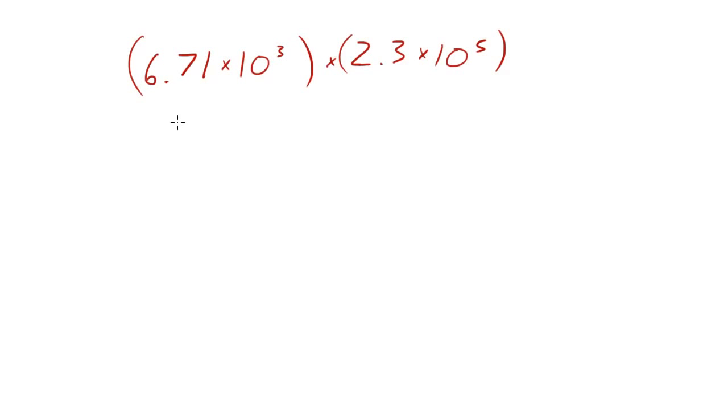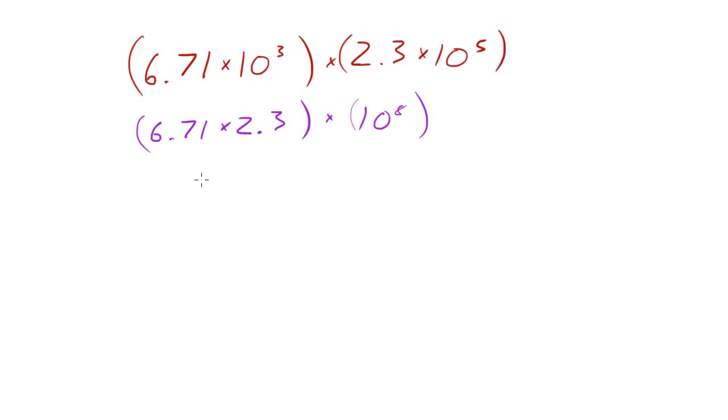So 6.71 times 10 to the 3 times 2.3 times 10 to the 5th power equals 6.71 times 2.3 times, and I might skip a couple steps here, 10 to the 3 plus 5, which is 8.